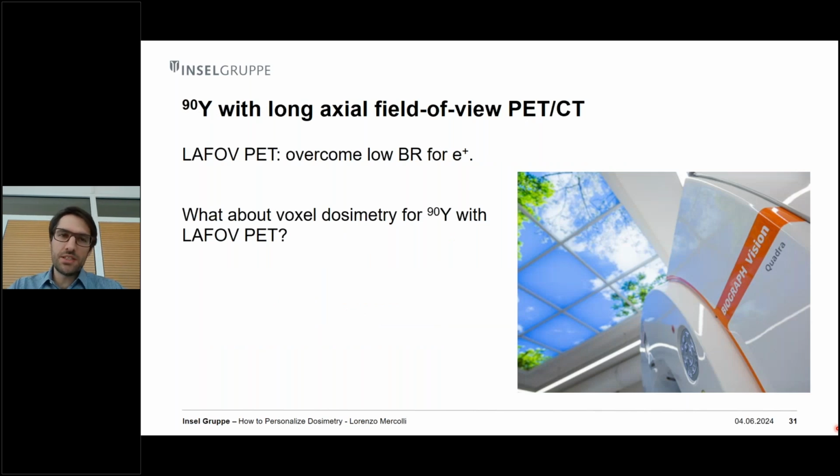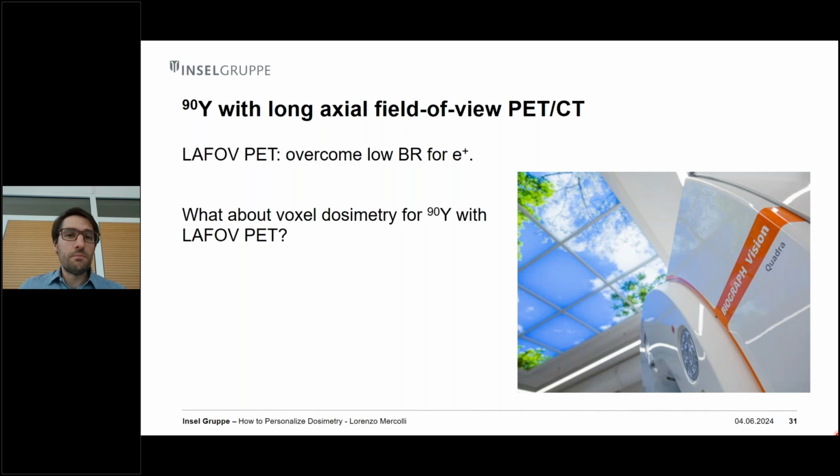Now, with yttrium-90, there's an interesting thing. We can also do a PET image, and the challenge there is that the branching ratio for production of positrons is very small for yttrium-90, somehow 10 to the -6 or so. However, the long axial field of view PET-CTs have such a huge sensitivity that we can actually overcome this low branching ratio of the positrons.